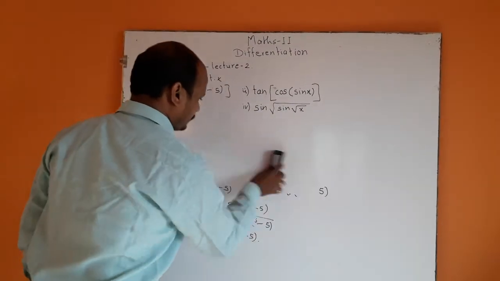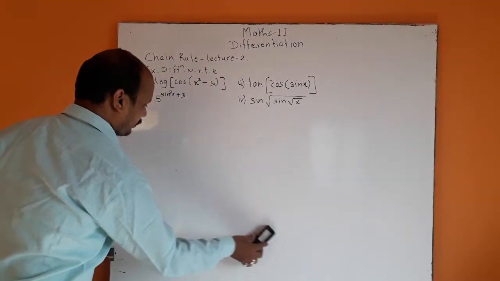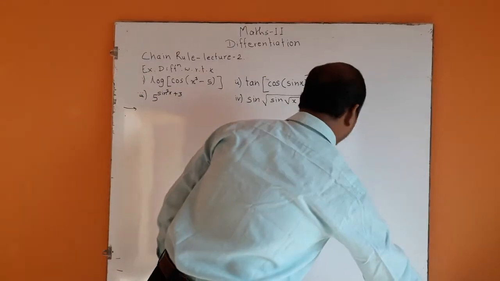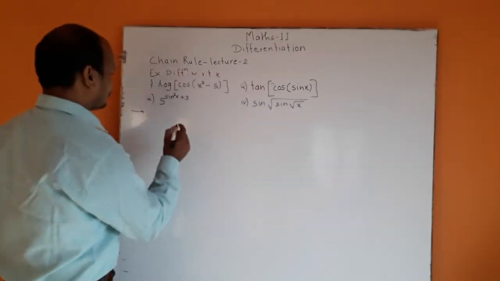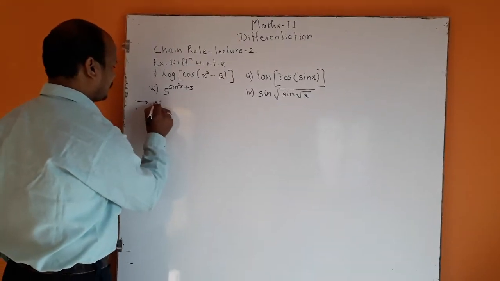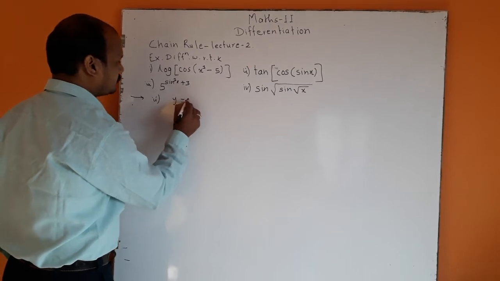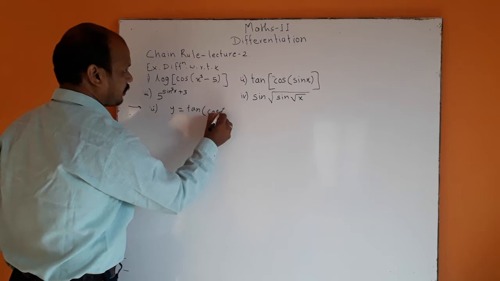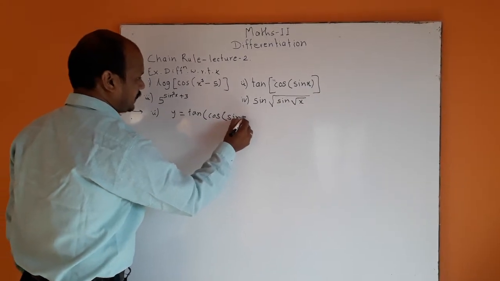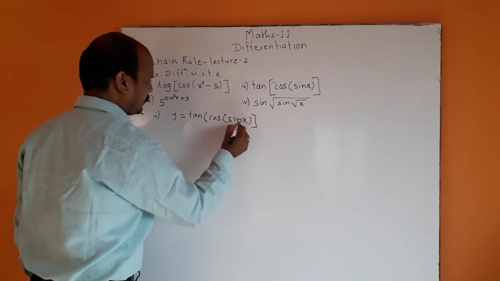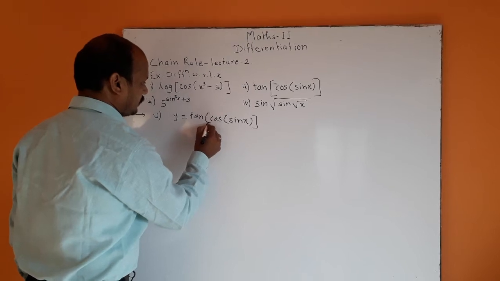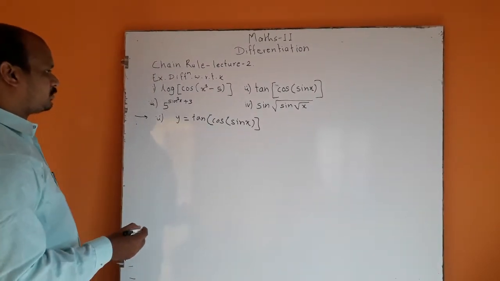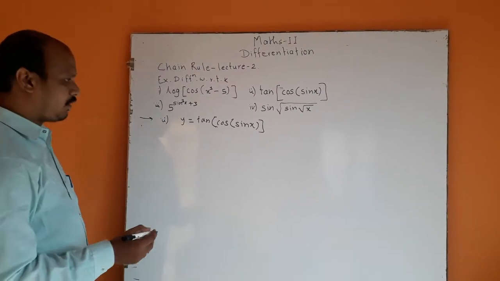Second example. Find dy by dx if y is equal to tan of cos of sin x. Let y is equal to tan of cos of sin x. Here you have to use chain rule to differentiate the function y.